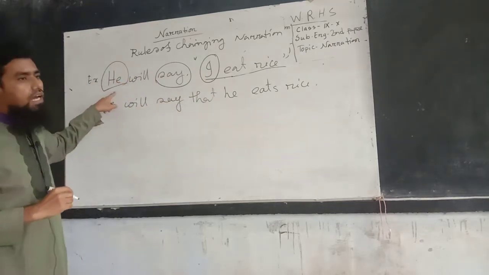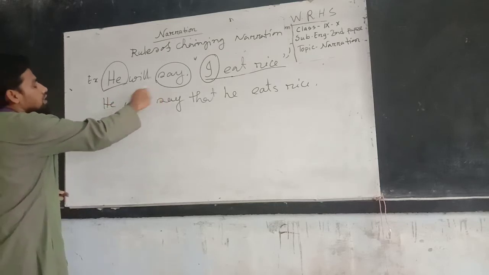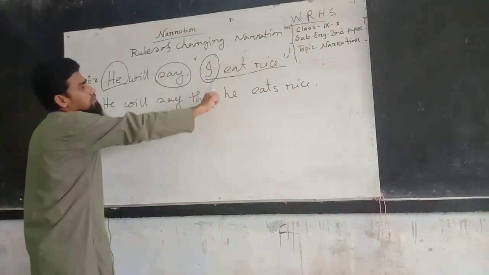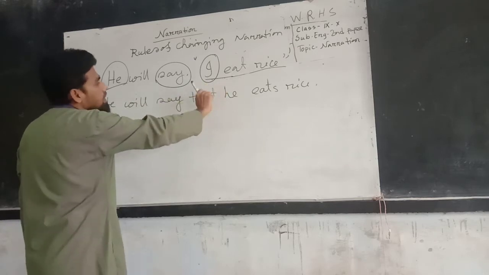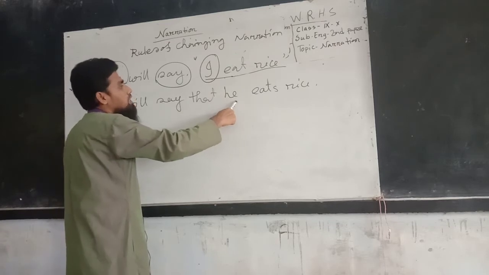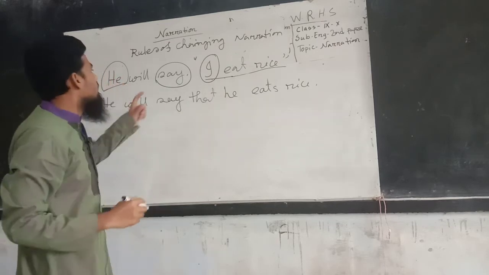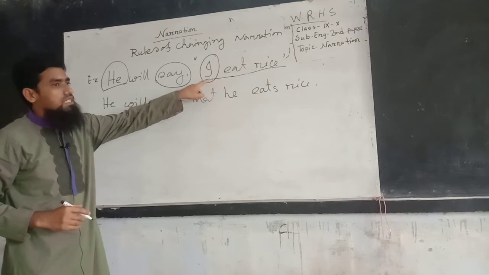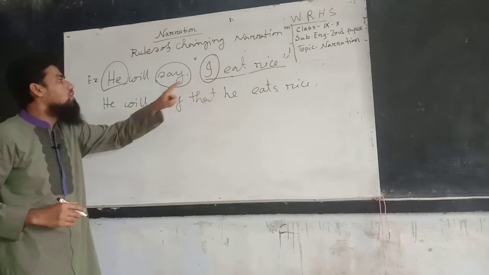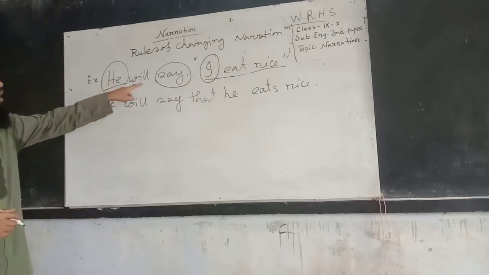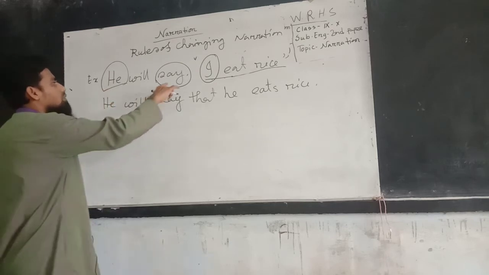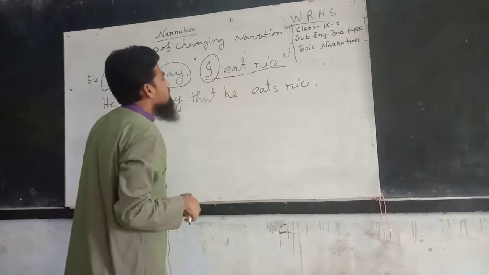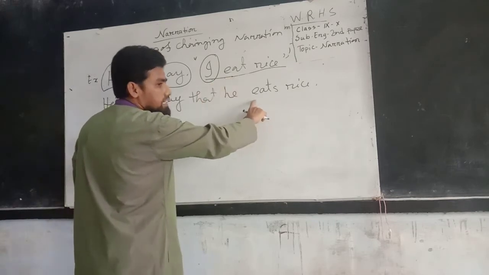So we use that instead of inverted comma because it is an assertive sentence, and we use he instead of I. Here it is not changed.